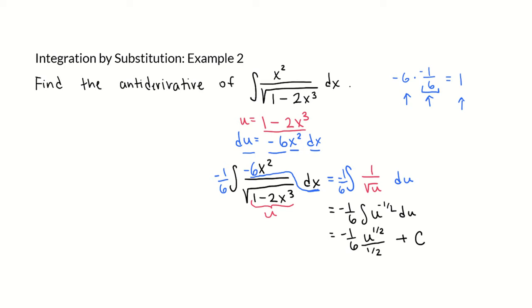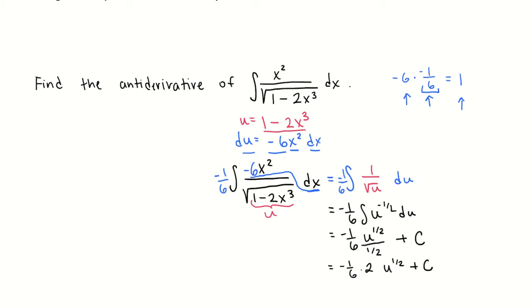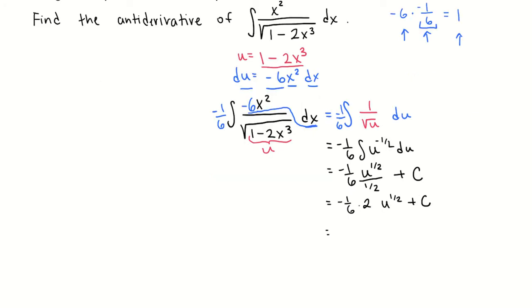Now dividing by 1/2 is the same as multiplying by 2, so this is negative 1/6 times 2 u to the 1/2 plus c, which is negative 1/3 u to the 1/2 plus c.